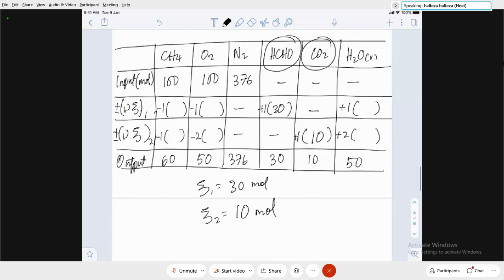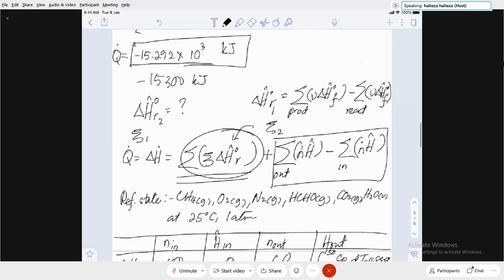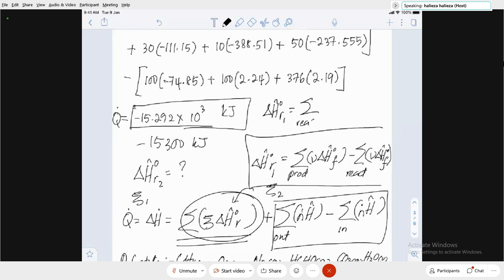So the only thing left now is to get your heat of reaction. You can use the heat of formation, or you can use the heat of combustion equation: reactant coefficient times heat of combustion, minus product coefficient times heat of combustion. Remember, we did this at the very beginning of the topic, chapter 9.